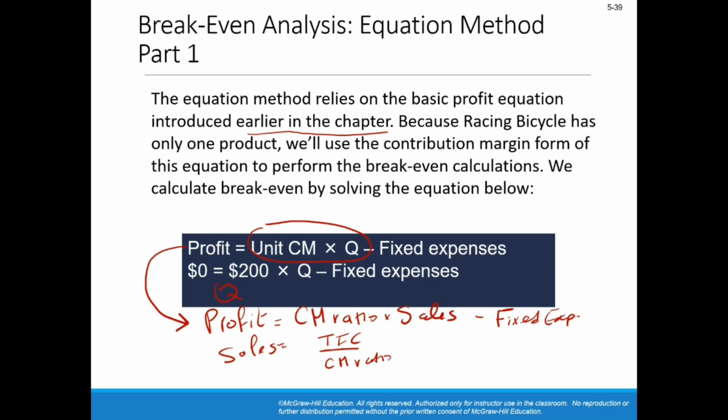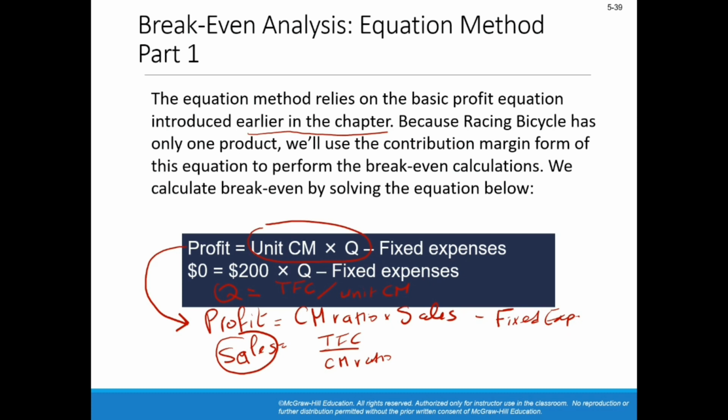And this is how you get the dollar sales to break even. So mind something: when you want to get quantity in order to break even, you will be using the equation that has unit CM. When you want to get sales in dollars, you will use the equation that has CM ratio.